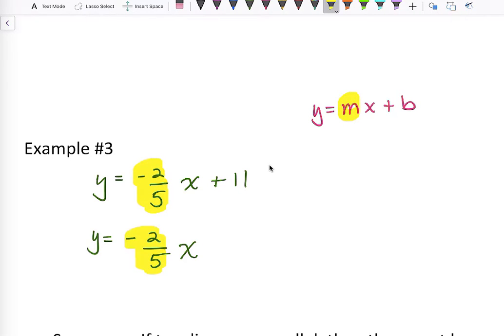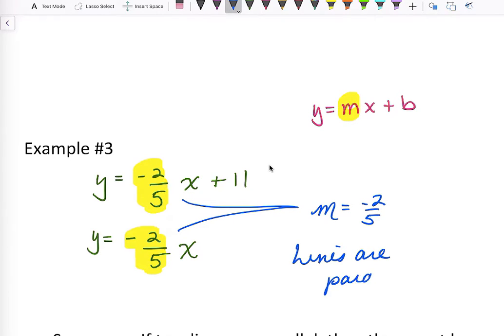It is also -2/5 here. For both of these equations, the slope equals -2/5, so the lines are parallel. In each of these, our line will be going down 2, right 5, down 2, right 5, or you could think of that as going up 2, left 5, up 2, left 5.